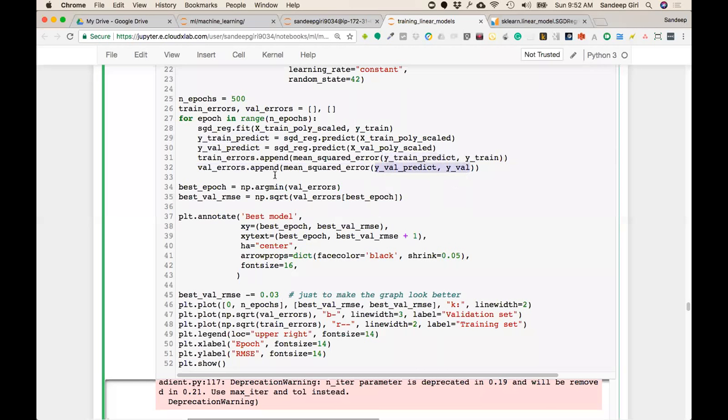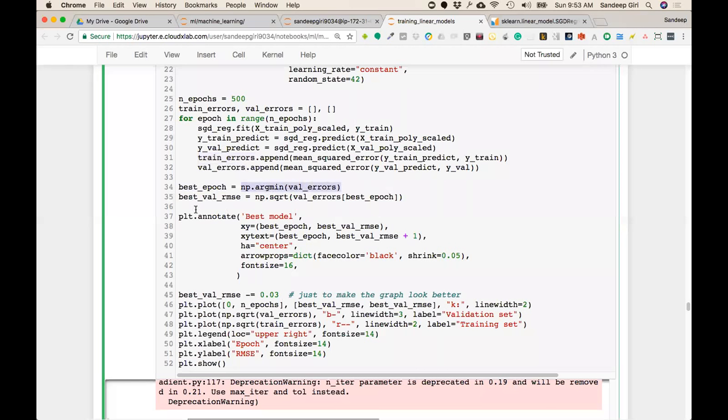So we find out the training error and validation error. On every iteration, we are maintaining the training error and validation error. Once this is done, we find the best epoch, meaning that index in the array for which validation error was the minimum.